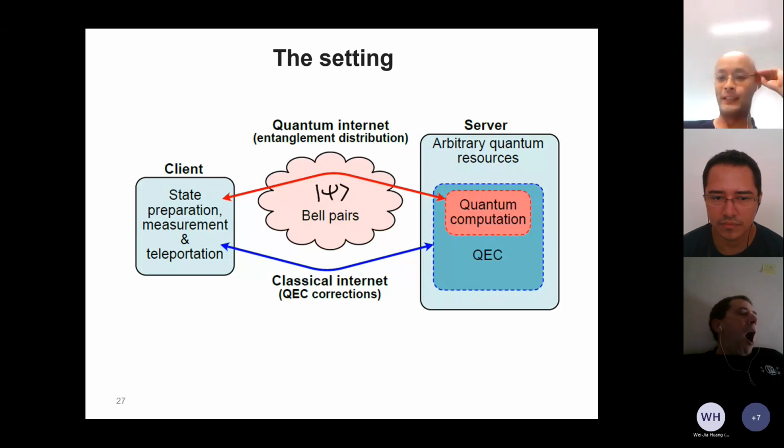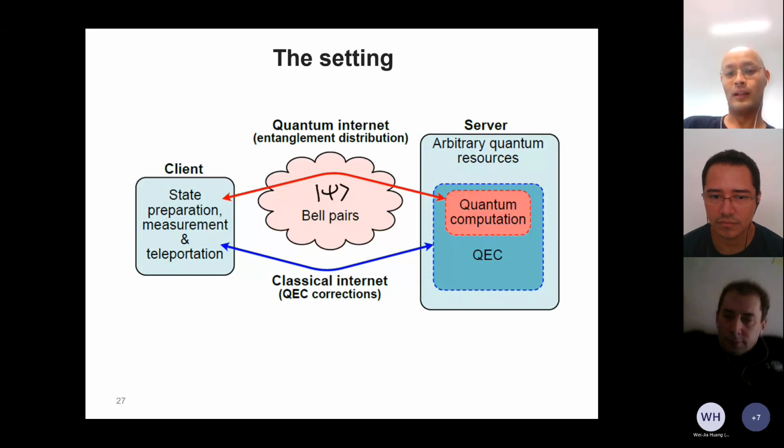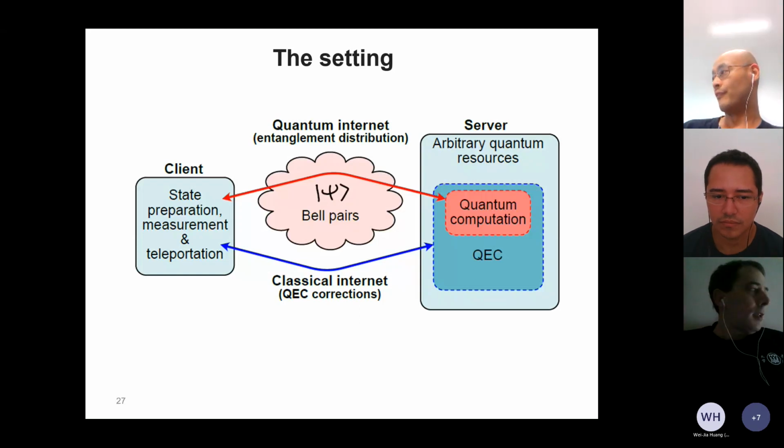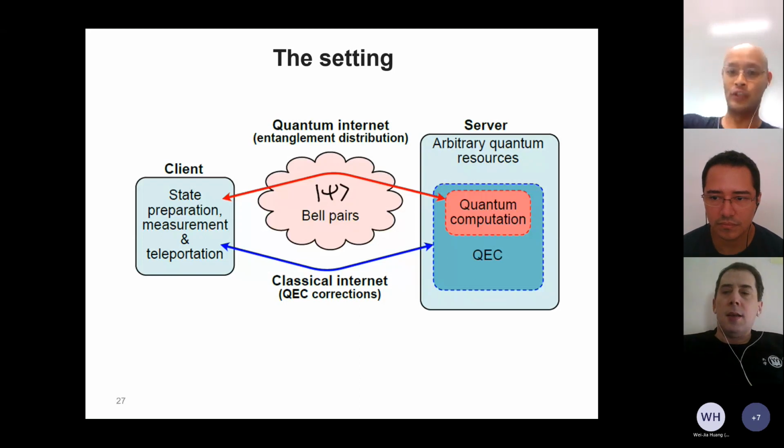For example, if the client already knows the gate decomposition that should be performed, then if the homomorphism holds, the server can just do the corresponding version with the same gate decomposition, but with the homomorphism applied on each gate.